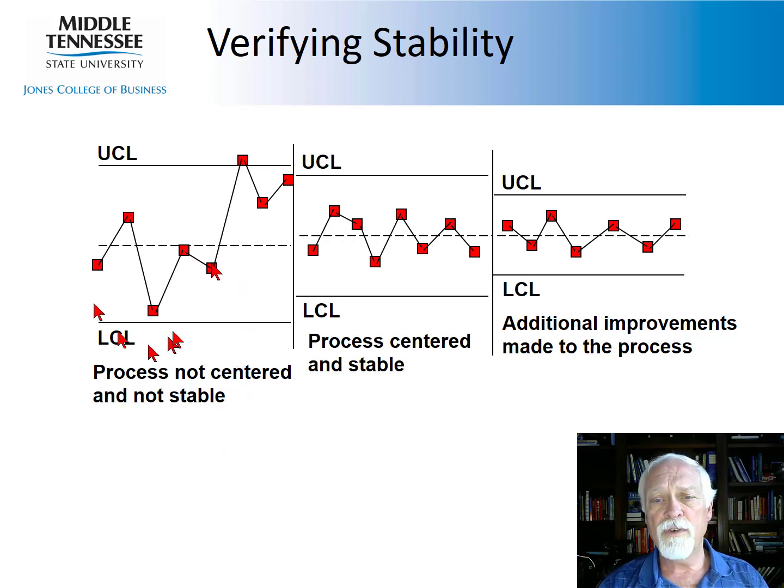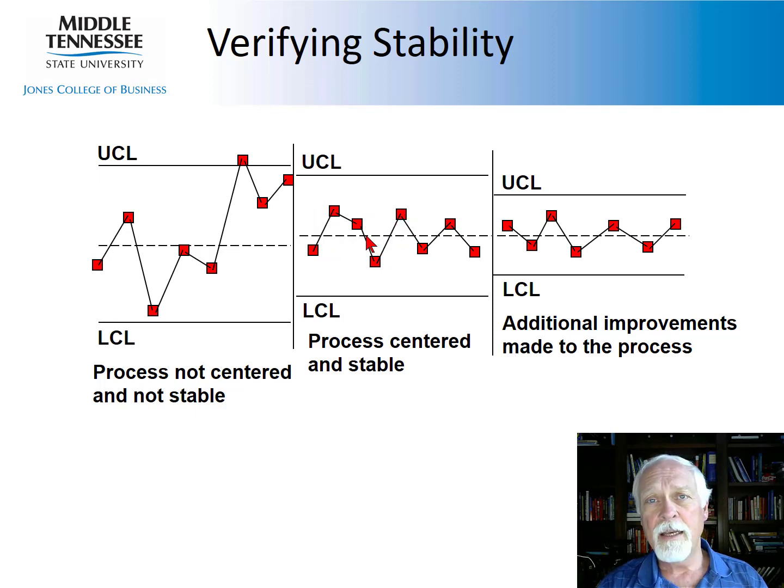So data collection tools, then process maps again, and then control charts to verify stability and even document improvements. So in this first section here, the process is not centered. Let's just imagine that this line here is where you're really targeting, and this is off the center, and it's not stable. You have a point that's outside the control limits, and then you're able to stabilize the process, and so that reduces the variation, and you've centered it, and so that's great.